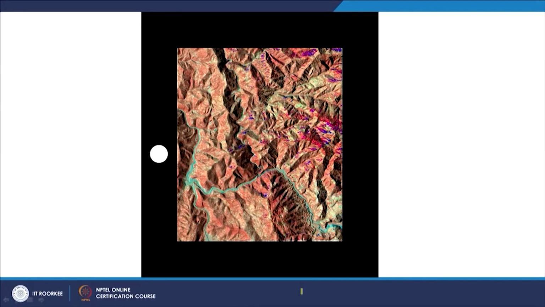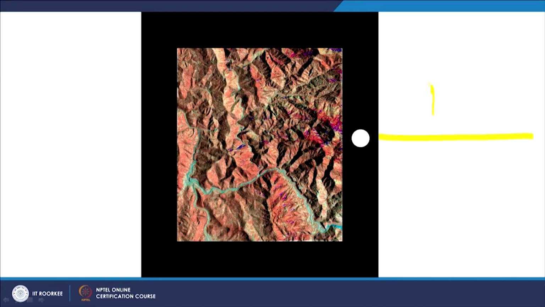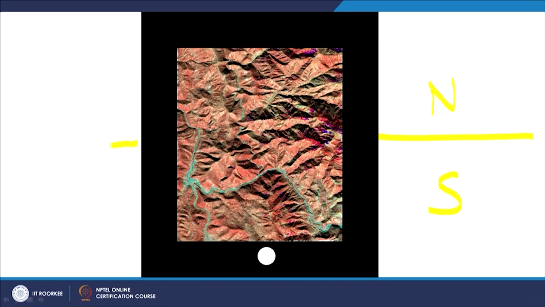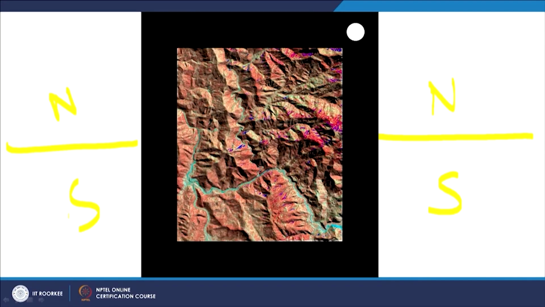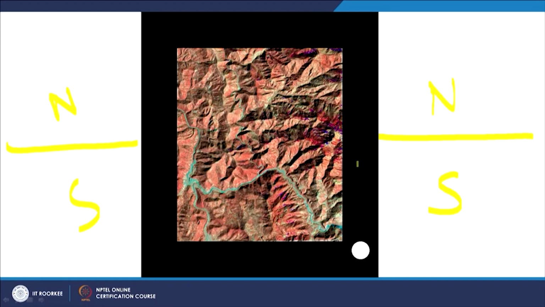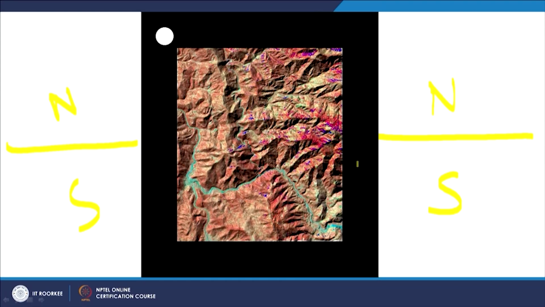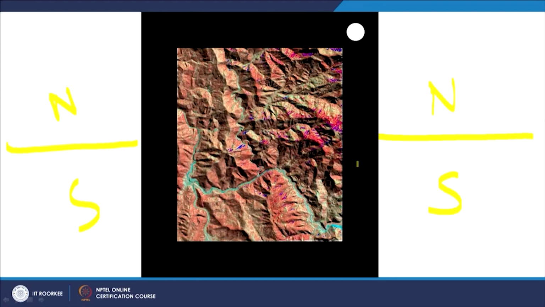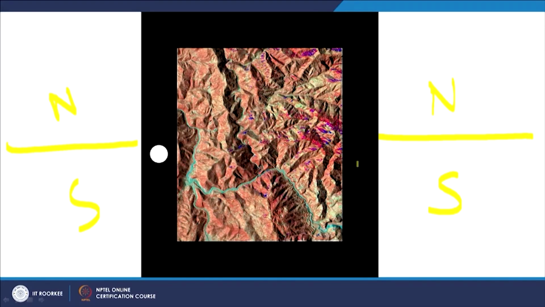I say this is the northern hemisphere, this is the southern hemisphere. When the sun is in the northern hemisphere, I am not seeing false topographic perception phenomena. But once the sun comes in the south, in the southern hemisphere, I start seeing this FTPP.